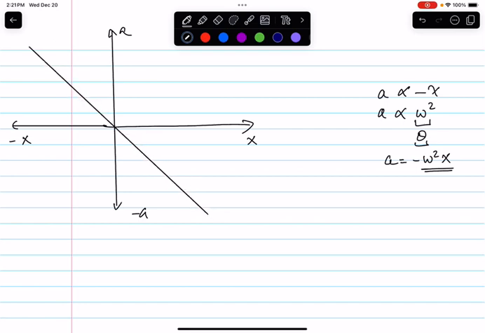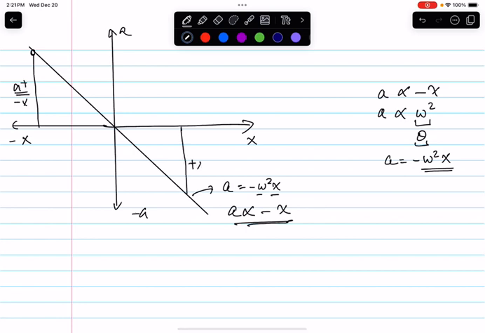Now this line just becomes the acceleration is negative omega squared x. So if you take this negative omega squared and graph it, where acceleration is proportional to negative x, you get this following graph. In this case, when the displacement is in the negative x direction, the acceleration is extremely positive. When the displacement is in the positive x direction, the acceleration is extremely negative.